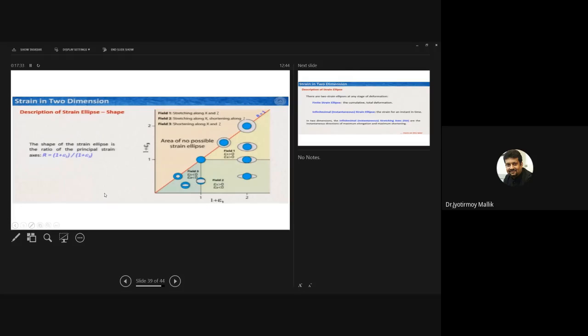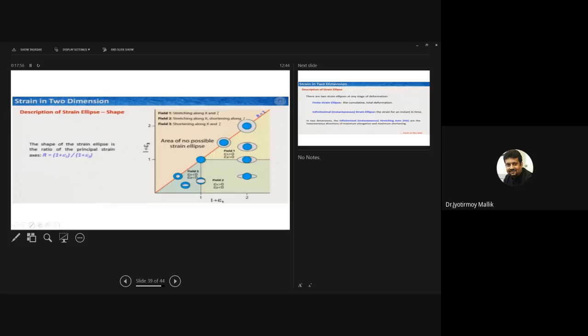Now, the shape of the strain ellipse would determine what sort of deformation we are looking at. So now I'll try to explain this particular diagram to you.